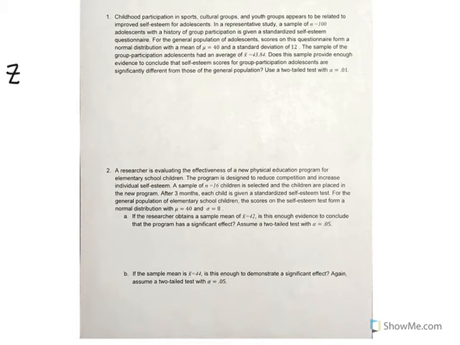So that formula is, we're going to take the sample mean minus the population mean divided by the standard deviation, which is divided by the square root of n. So let's do some plug-in.